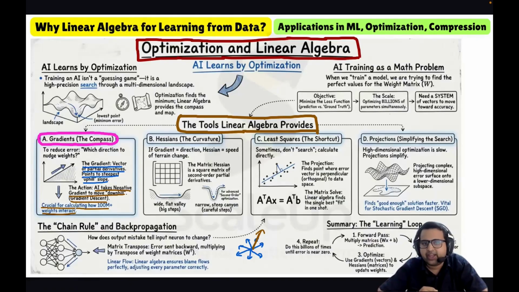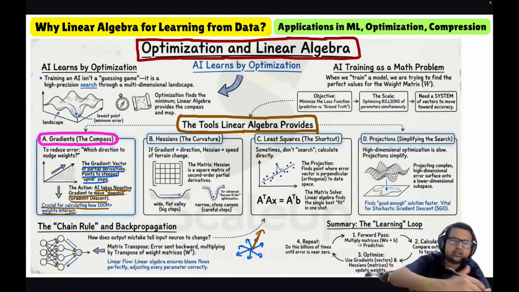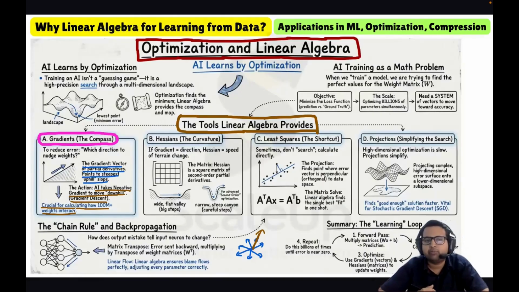So we take the negative gradient to move downhill, the gradient descent, and we get a direction which will take us to the lowest point in the landscape, which will minimize the error. So gradient is a very powerful tool which plays a role in optimization.